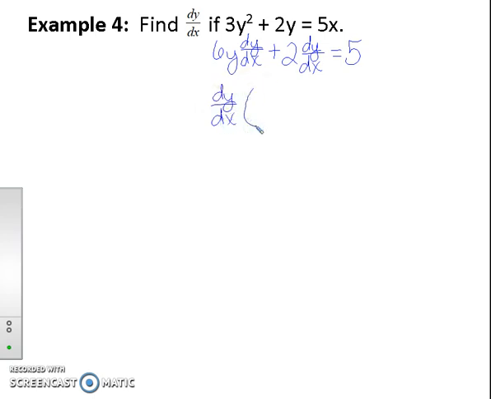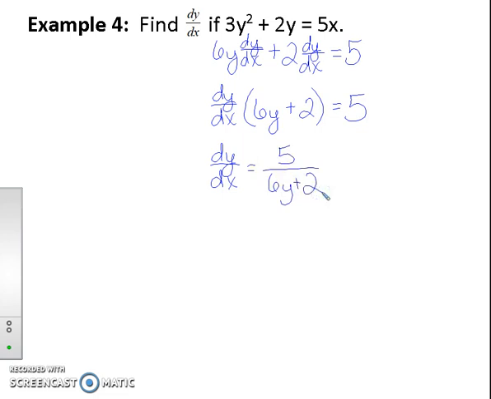If you factor it out of this first term, you're left with 6y. And if you factor it out of the second term, you're left with plus 2. And then we still have our equals 5. So then the last thing you want to do is isolate the dy dx by itself. So that would be 5 over 6y plus 2. And that would be your derivative for this problem.